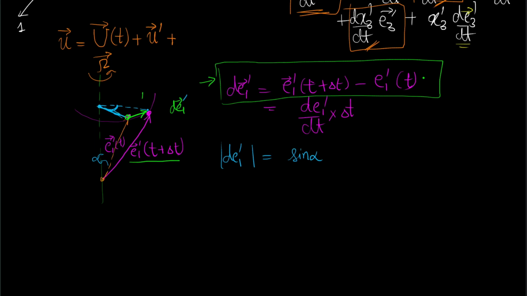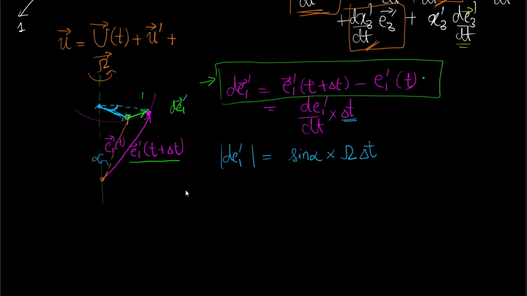So this particular radius is going to be sine alpha times 1, and it's the same thing as sine alpha times the angle swept. And in time delta t, the angle swept will be equal to the angular velocity times delta t.